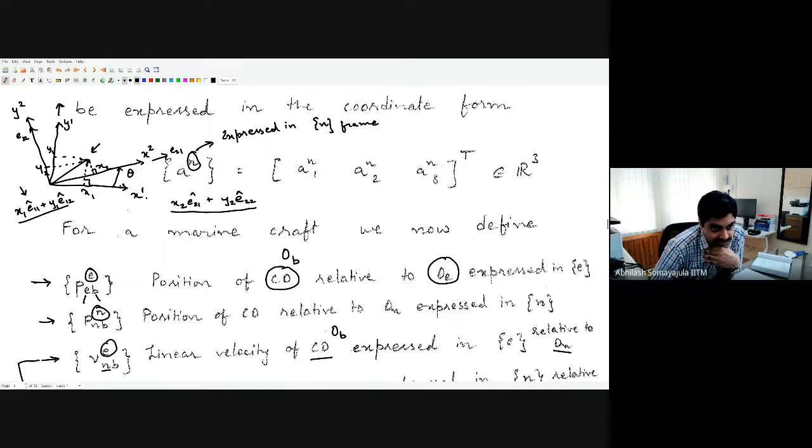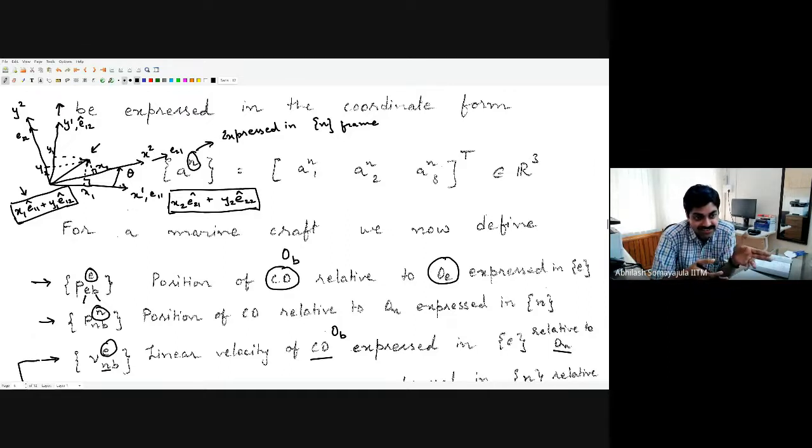Is that making sense? So I can write the same vector in this representation when I am expressing it in the coordinate frame x2, y2. And I can write it in this representation when I am writing it in the x1, y1 frame. Got it?